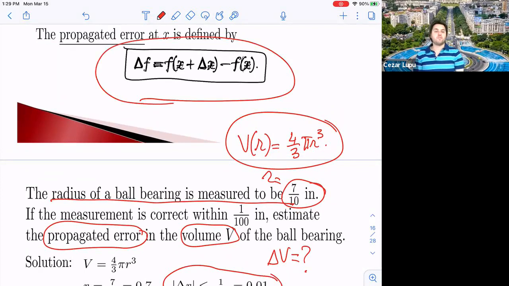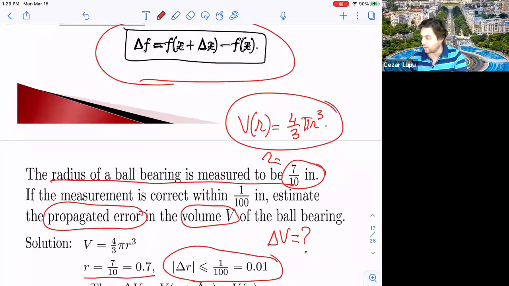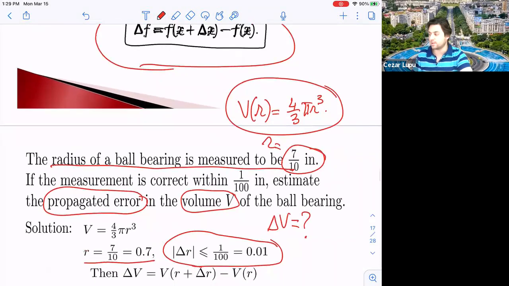The propagated error of a function f at the point x is delta f, which is equal to f of x plus delta x minus f of x. And so in our case, delta V is nothing else than just V of R plus delta R minus V of R.